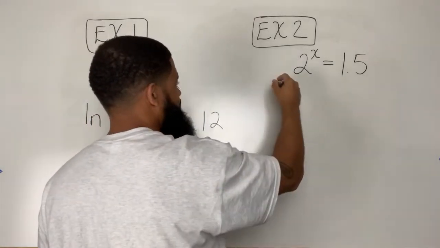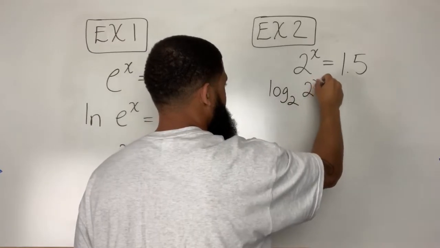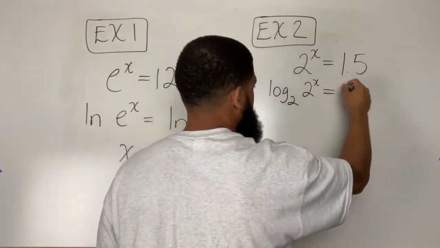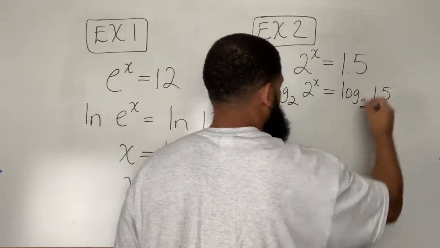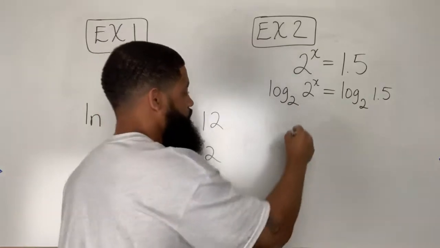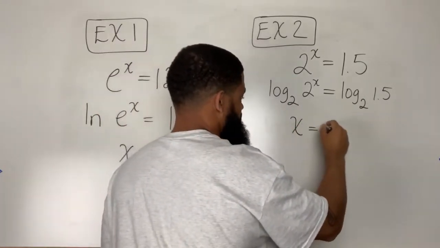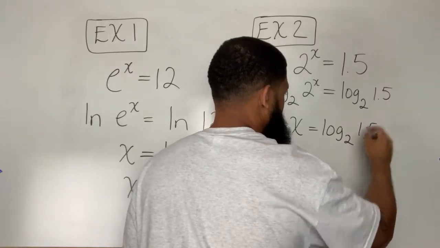because the rule says, if I take the log base 2 of 2 to the x, then I need to take the log base 2 of 1.5. Since I take the log base 2, this is going to leave me with x, and x is equal to the log base 2 of 1.5.